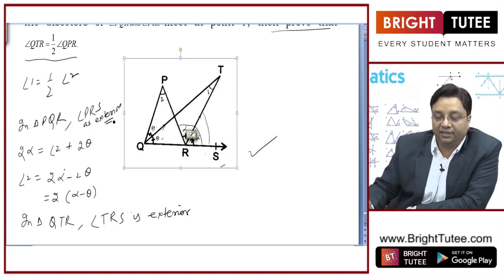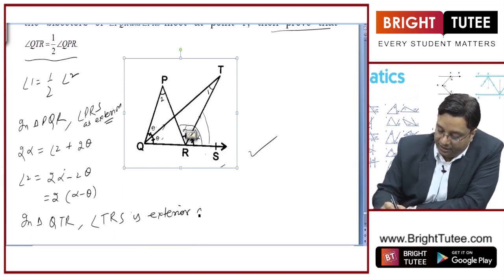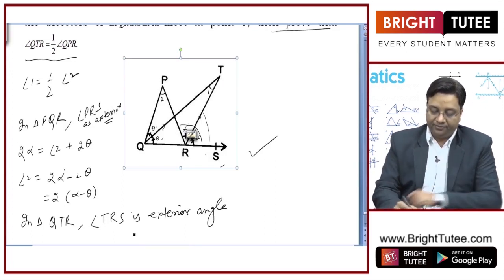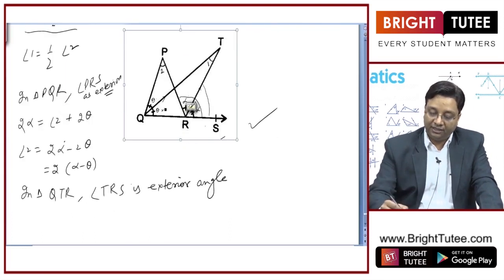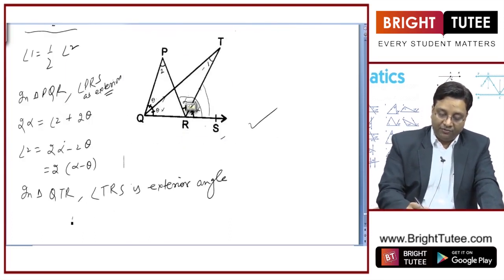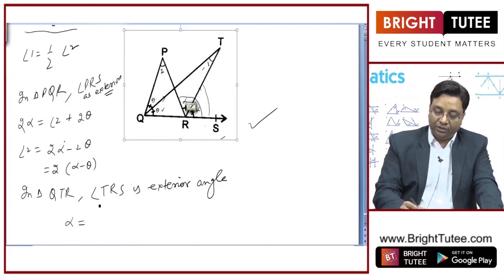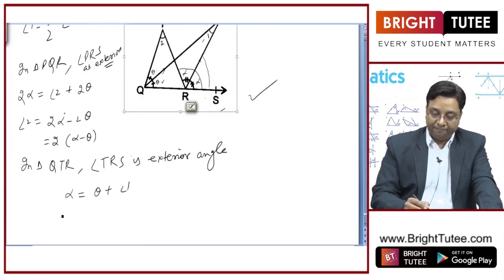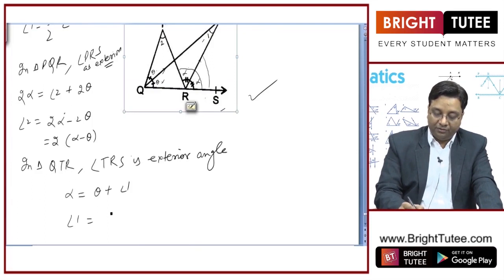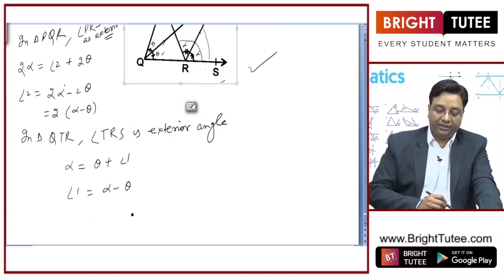This is the exterior angle, hence it is equal to the sum of interior opposite angles, which are theta and angle 1. So alpha in this triangle QTR is equal to theta plus angle 1. From this I can say that angle 1 is equal to alpha minus theta.